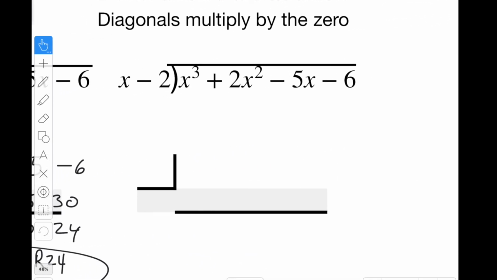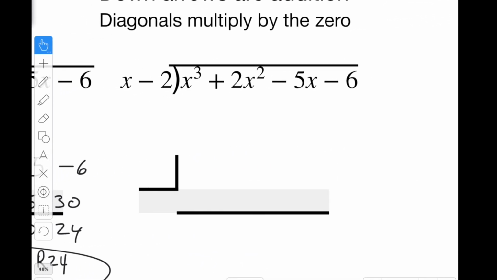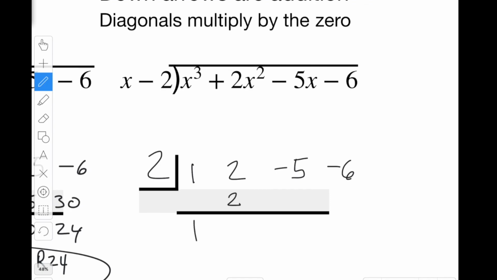I'm going to slow things down a little bit, and I'm just going to do this out by hand. So the zero is 2. The coefficients are 1, 2, -5, -6. We add 1 plus nothing to get 1, multiplying by 2, the zero, we get 2.